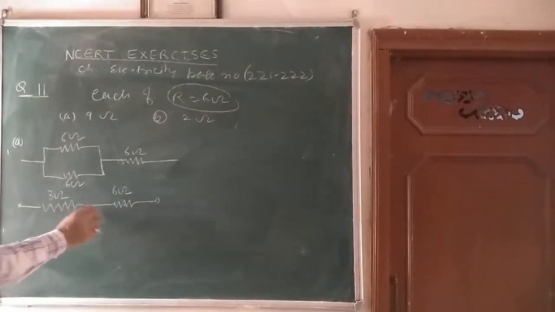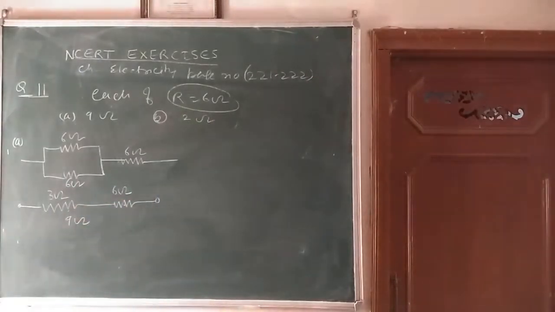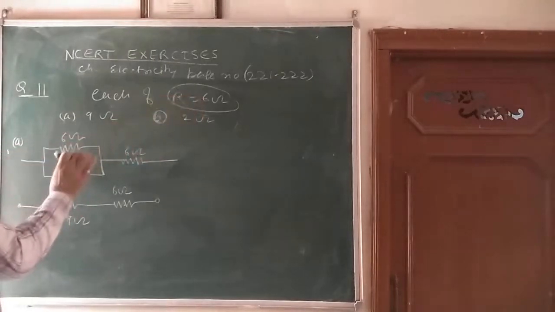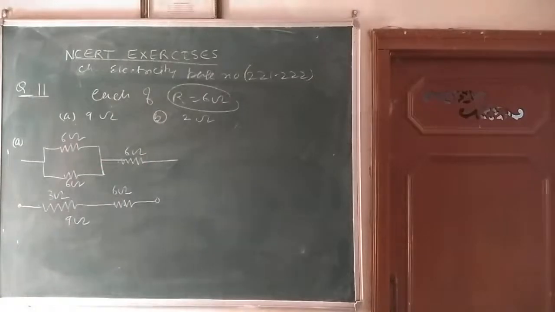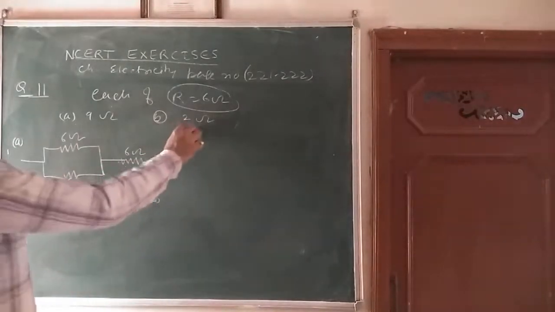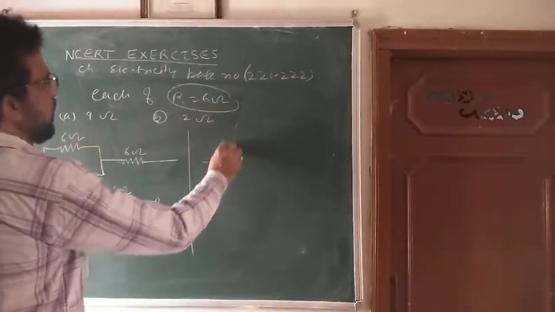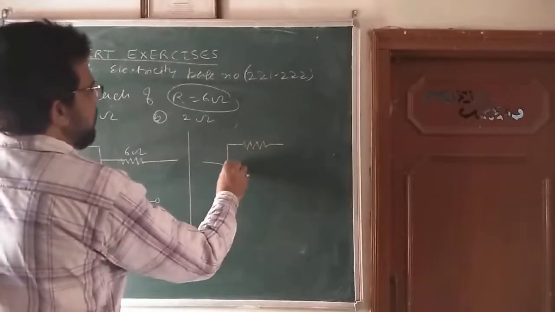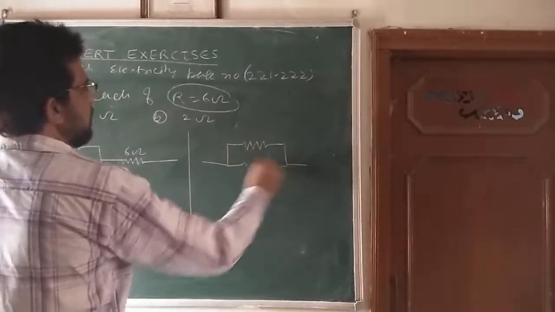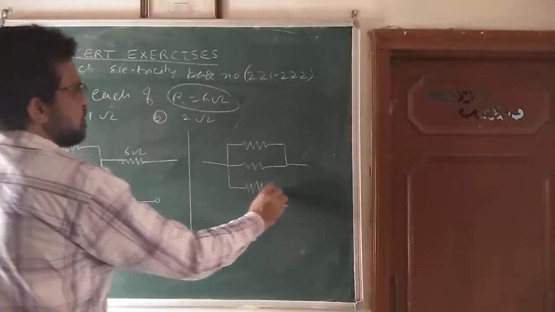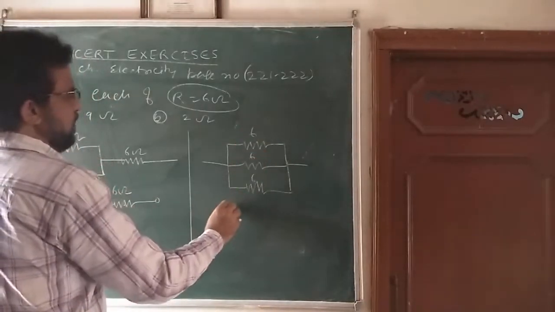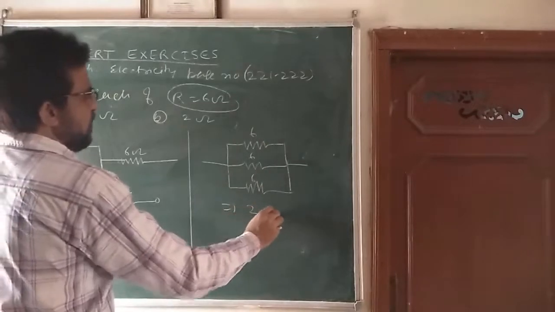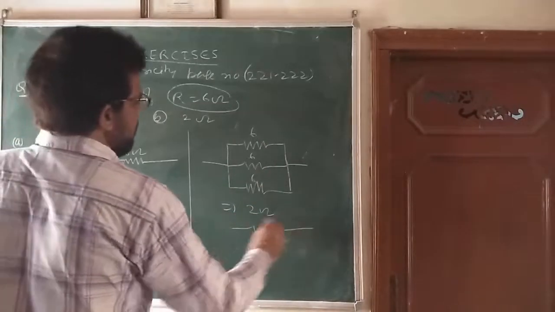Connect two resistances first in parallel and the third resistance in series. Similarly, for the second case, when you take all the three resistances in parallel combination like this, 6 ohm, 6 ohm and 6 ohm all are in parallel, you will get the resultant resistance of 2 ohm in this manner.